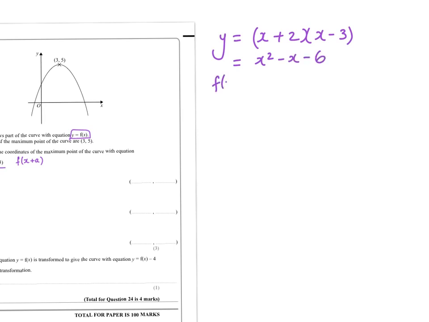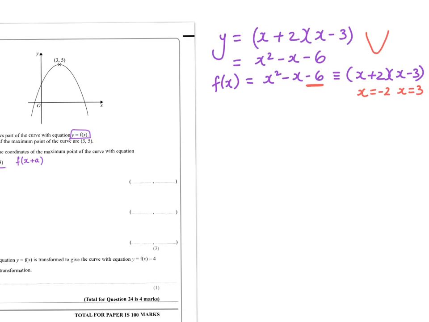Now if I call that f of x, then it doesn't really matter which form I look at, because the graph would be the same. In this form you can see that the intercept is clearly -6, and it would have this type of shape. Now from here you can see the roots will be -2 and 3, otherwise known as the solutions.